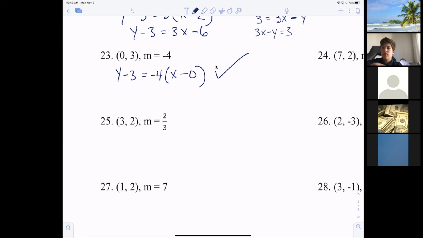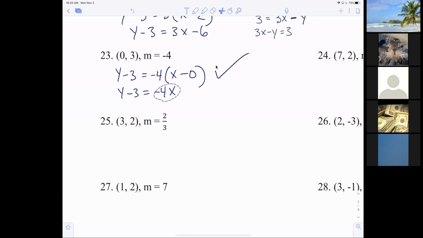Any issue? What's an issue? x is negative. Well, I haven't distributed yet. We need to do this. So y minus 3 equals negative 4x. So now do I move the x this time? Yes, because the x is negative. So I pick up the x and I throw it on the other side.